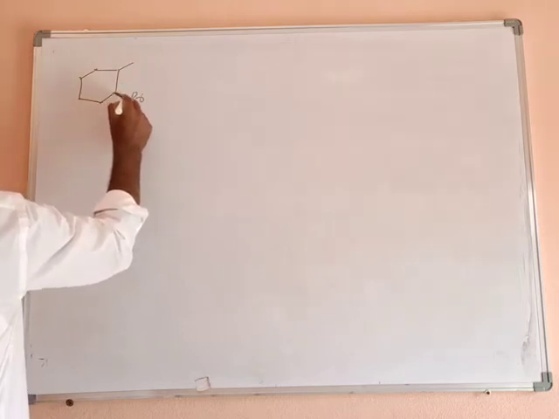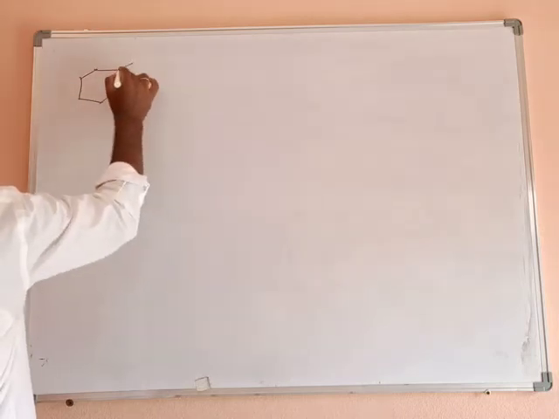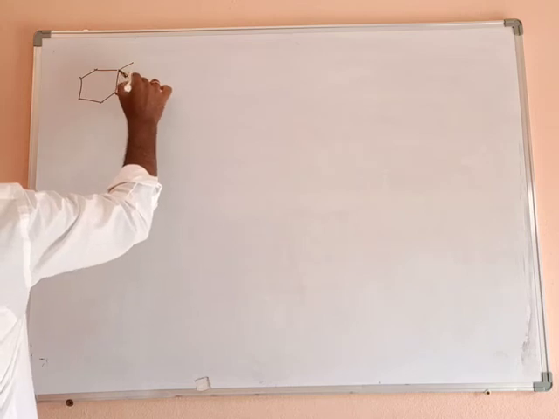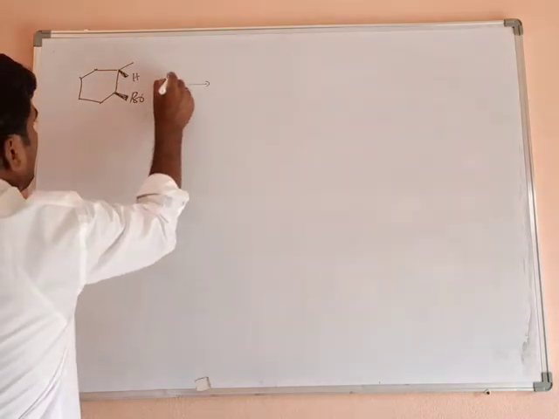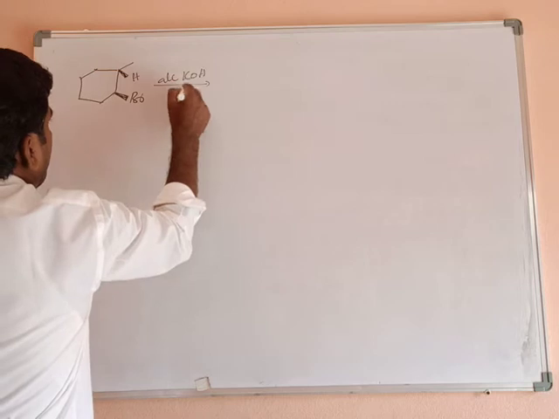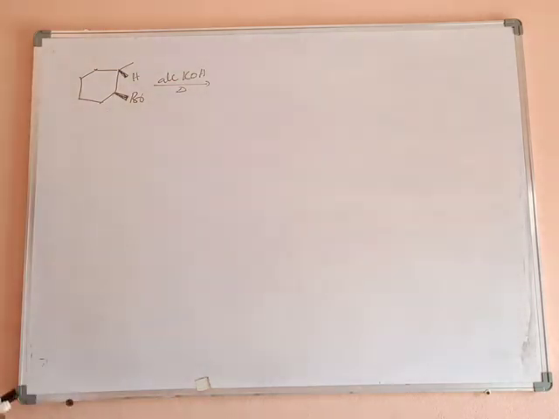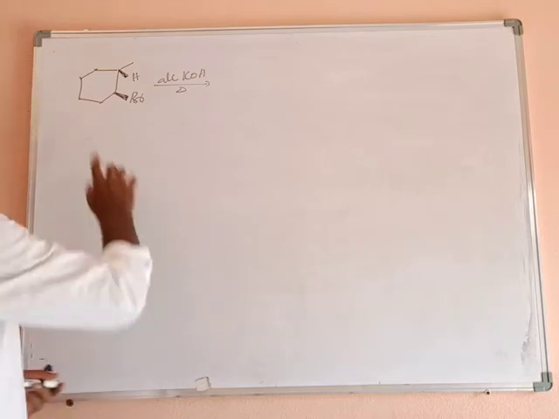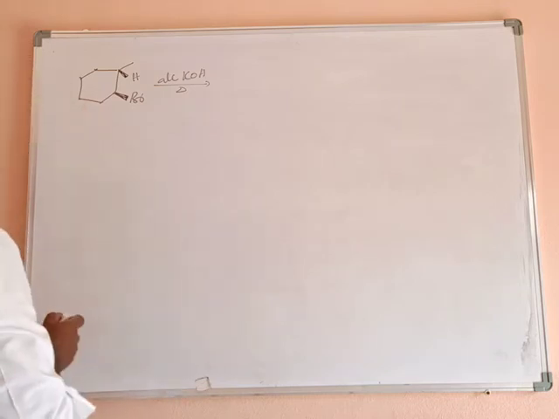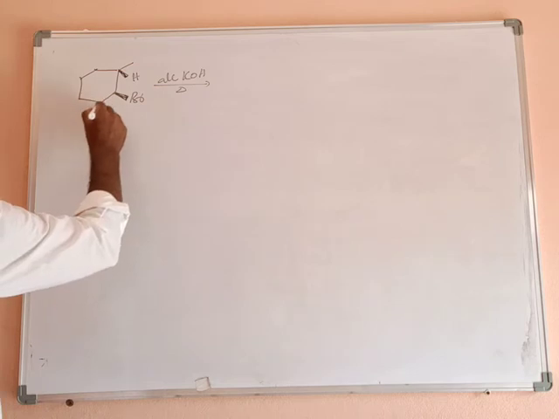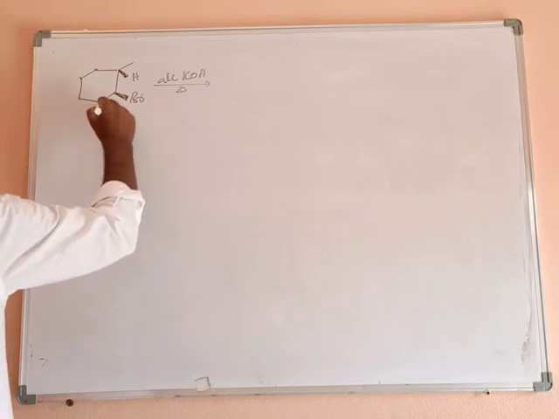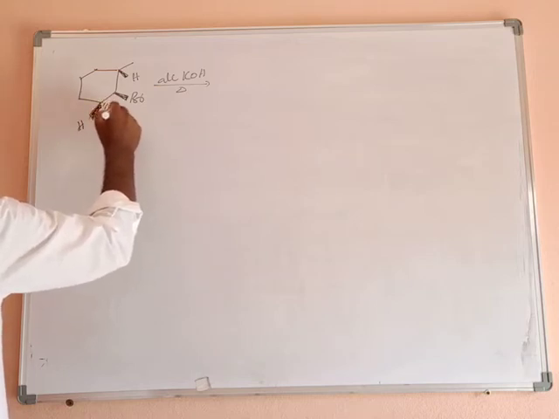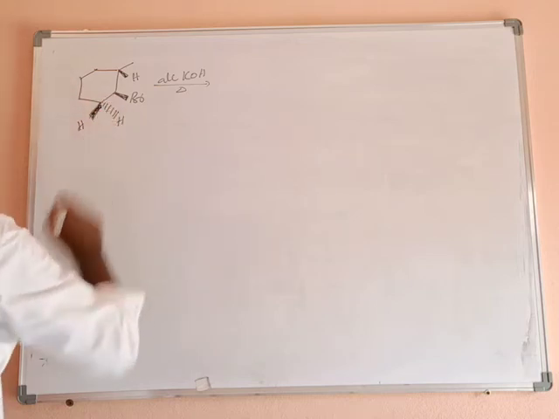Bromine is present on a wedge bond, and this is a methyl group, and hydrogen is also present on a wedge bond. Alcoholic potassium hydroxide, heat. Now which hydrogen is eliminated? Which is favorable to the base? So this carbon has 2 hydrogen atoms, one on a wedge bond and another on a dash bond.